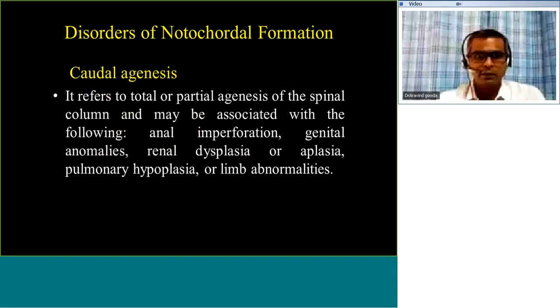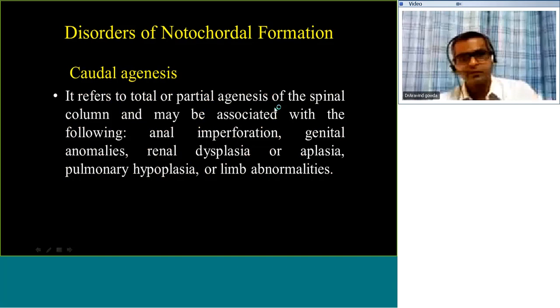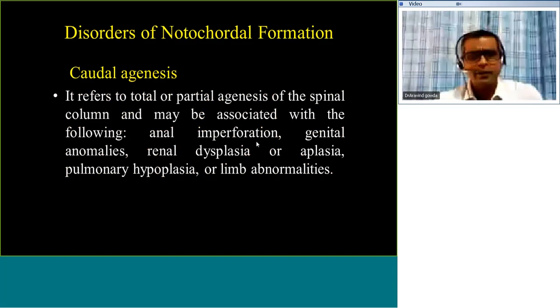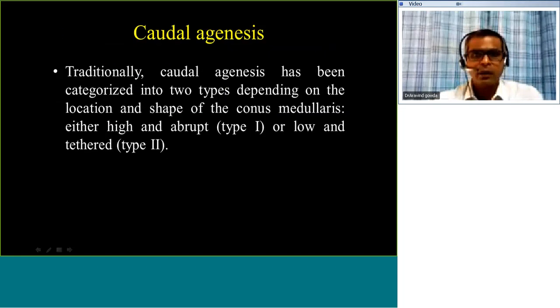I will be telling about that. So in caudal agenesis, as I told earlier, it refers to the total or partial agenesis of the spinal column, and may be associated with anal imperforation, genital abnormalities, renal dysplasia, pulmonary hypoplasia, or limb abnormalities.